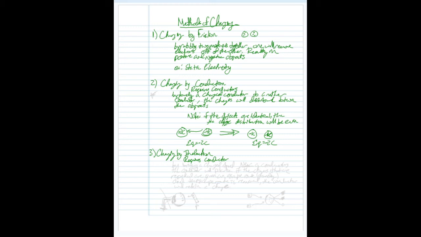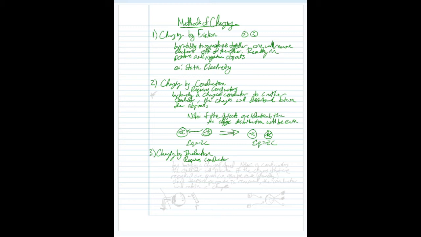With both charging by conduction and charging by induction, we have things that are already charged. Charging by conduction, we could have one thing already charged, we could have two things already charged. Charging by induction, we're typically going to have one already charged object and one object we are trying to charge. The object we are trying to charge must be a conductor. The object that is already charged could be an insulator.